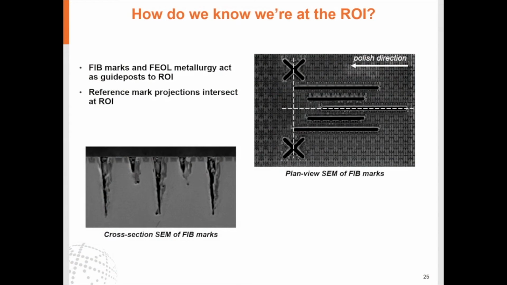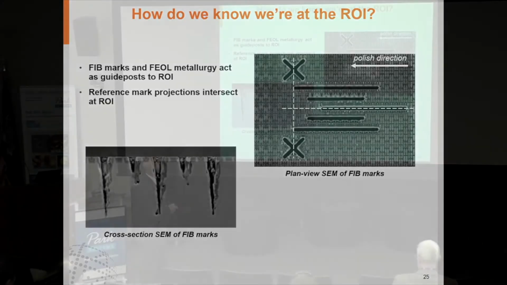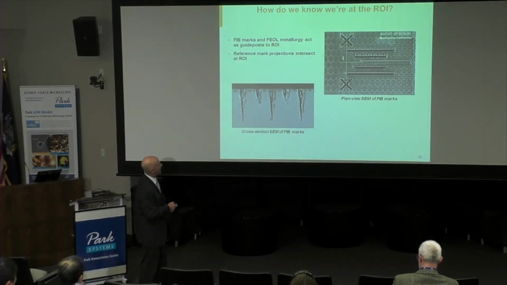What we did was we put some navigation marks in here using focused ion beam, and we're polishing from this direction, coming in this way. And then we put some X's here. So we know when we're starting to get close to the area, and this SEM cross-section right here shows that we're right about here, because we can see our center mark, and we're just starting to get into these two marks.